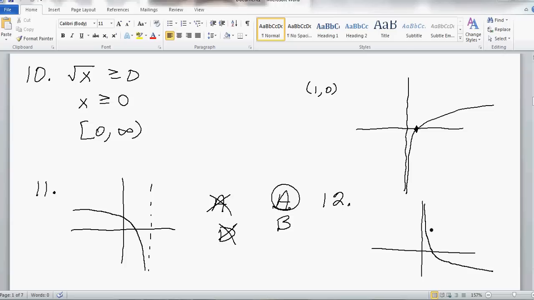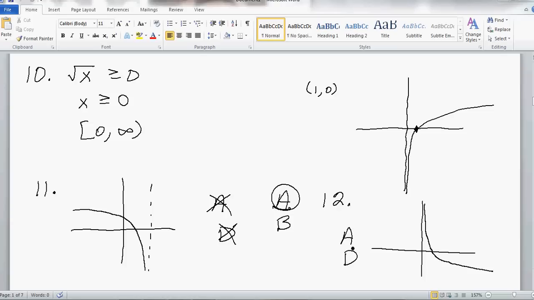We'll have to take a look. So that doesn't really throw out any of them. This, compared to the mother function, or the parent function, is a reflection over the x-axis. So that means the x cannot be negated. So that has to throw out B and C. So that leaves only A or D.